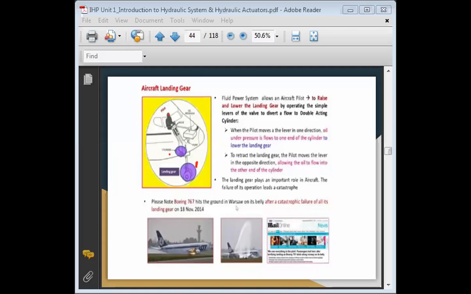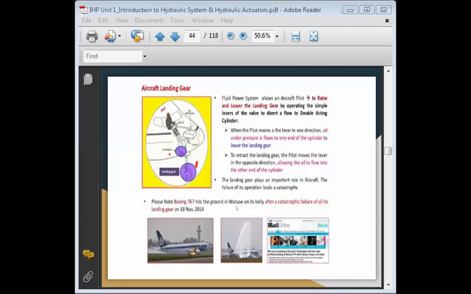Once again, I will tell that. In this aircraft landing gear application, when the pilot moves the lever in one direction, for example forward, oil under pressure flows to one end of the cylinder to lower the landing gear.